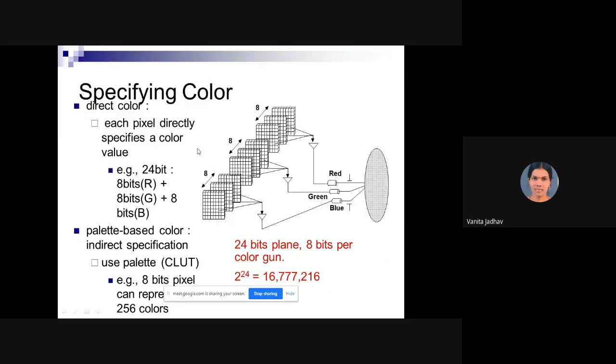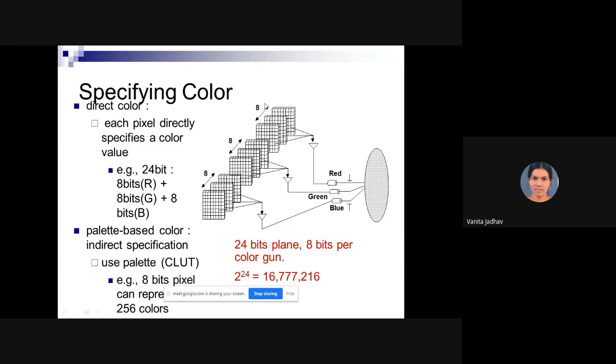Again, this is for your information, I have shown this diagram specifying color. Mostly in case of a color CRT, these are the basic colors used: red, green, and blue. So there are 3 different guns coming towards the screen. Here a red gun is shown.